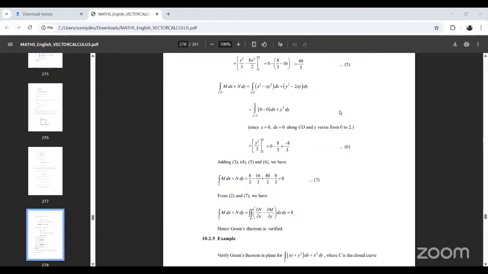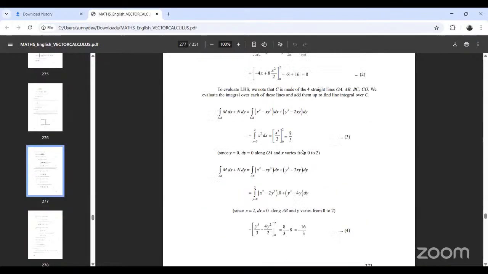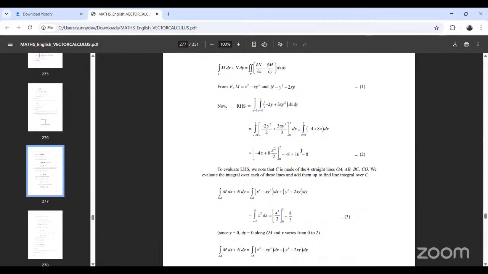Now if you are adding all four things, then we are getting 8. So this is the RHS part, 8.